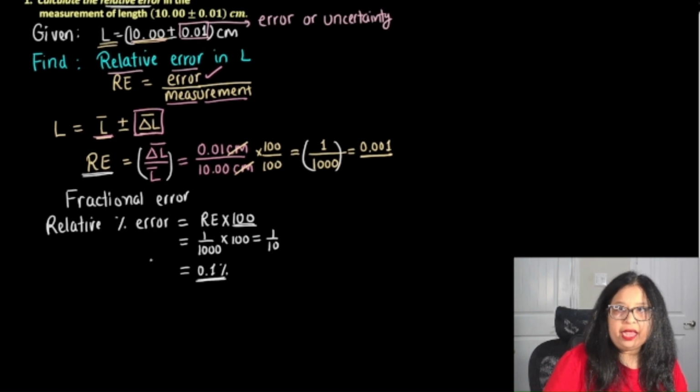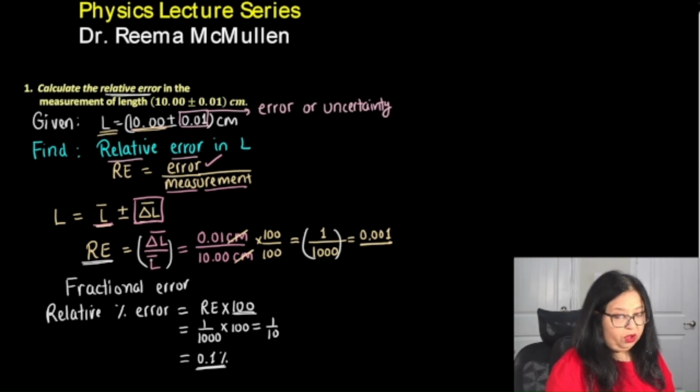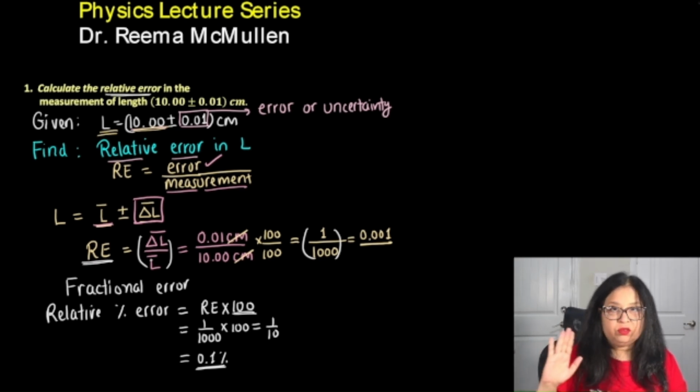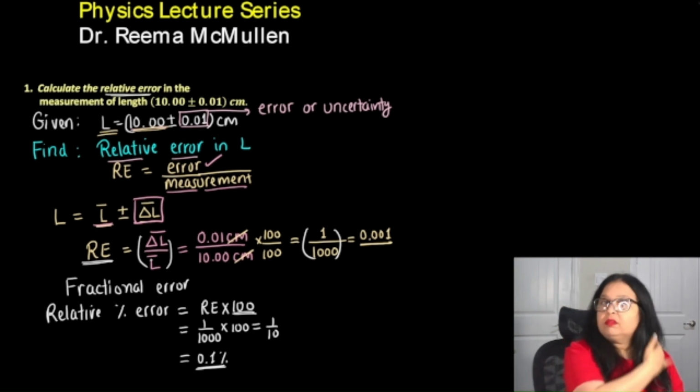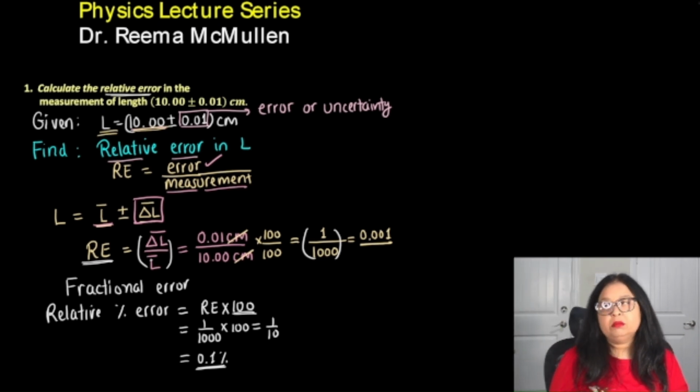The problem didn't ask us to solve for relative percentage error, but we did it anyway. Hey, why not? Alright, so this was your problem number 1. It was more of a warm-up problem. It was a baby problem. The next problem will be a level up. Let's call it a toddler problem. Let's move on to it.